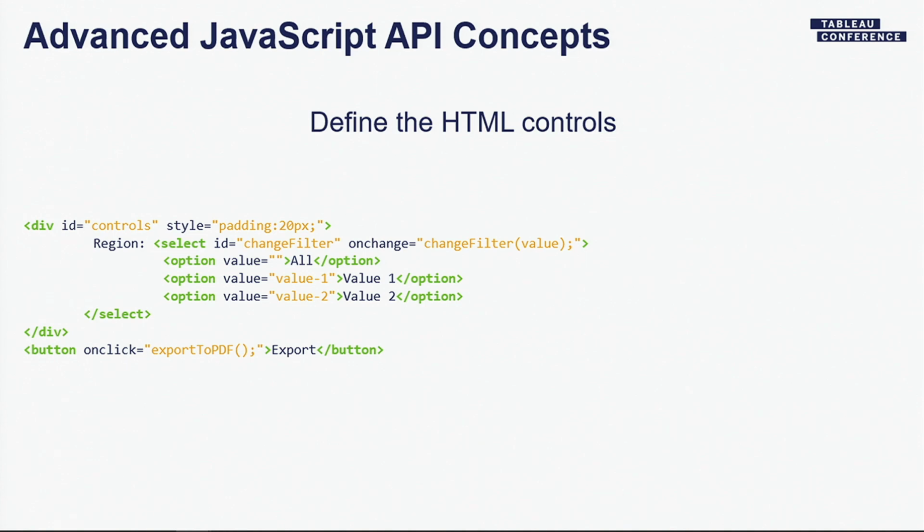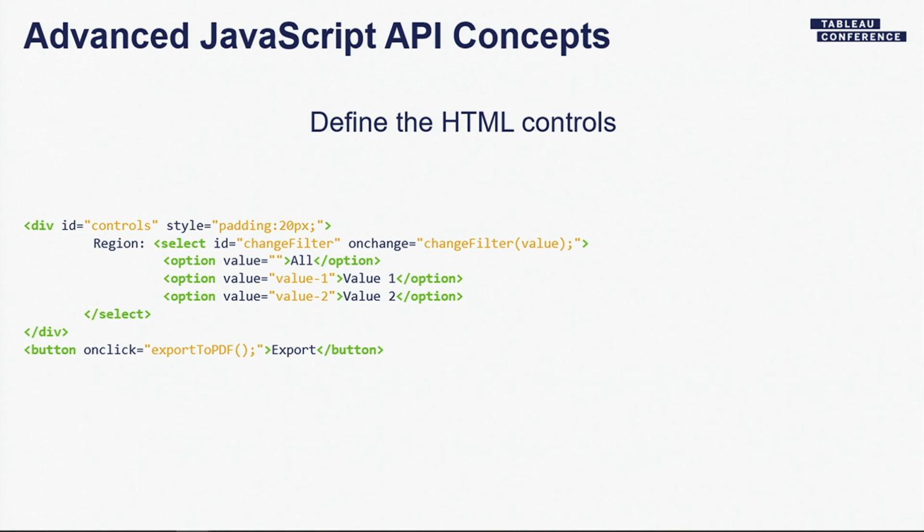It's usually to have my own customizable filter, because in certain cases, you want the filter box to look in a very specific way, and Tableau may not allow that. And this is something that allows you to achieve the same. We also have a button, and that's just exporting to PDF in this case. But of course, there's a lot more that you can do. All those toolbar functionalities that you've seen on Tableau Server or Tableau Online, it allows you to replicate those as well.